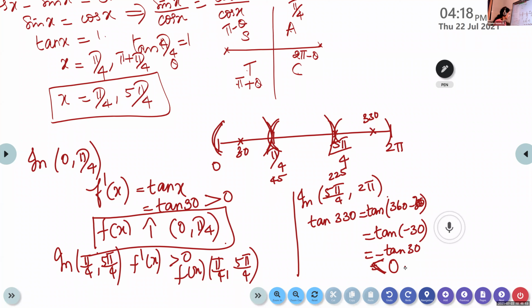So we can say f of x is decreasing in the interval 5 pi by 4 to 2 pi. Is it okay, Naurin? Yes, ma'am. So finally, you can conclude it: in which all the intervals it is increasing, in which all the intervals it is decreasing.